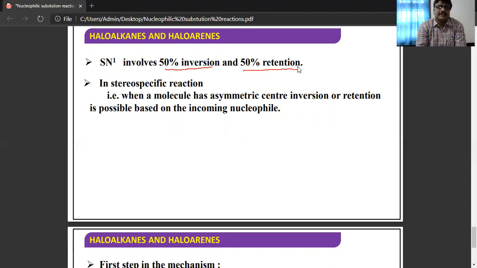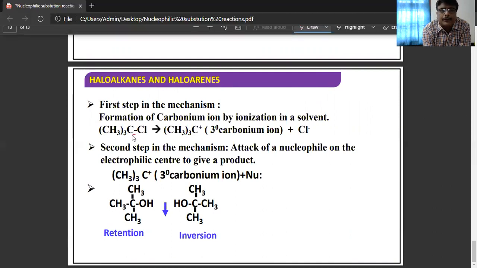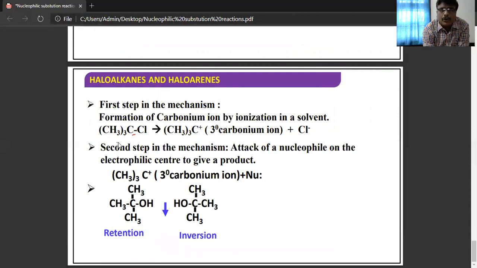If you see the mechanism, what we have taken is tertiary butyl chloride.